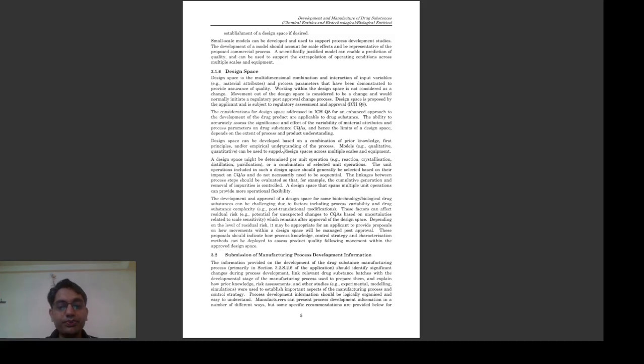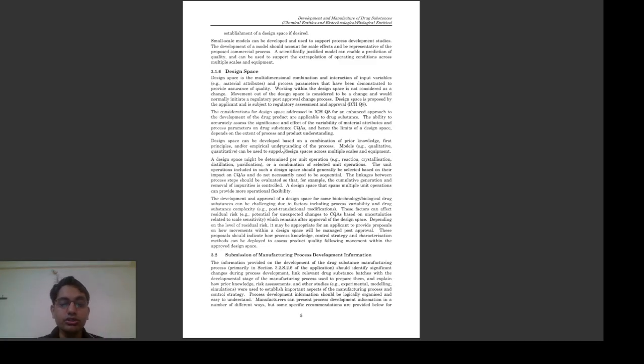Based on the uncertainties and the level of residual risk, it may be appropriate for an applicant to provide a proposal on how movements within a design space will be managed post approval. This proposal should indicate how process knowledge and control strategy characterization methods are deployed to assess potential quality impact following movement within the design space.